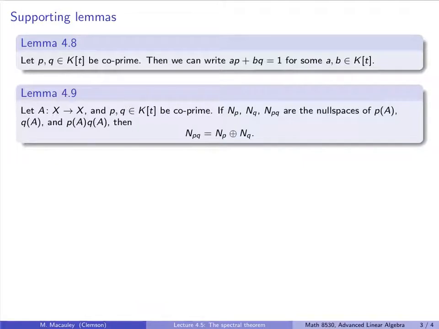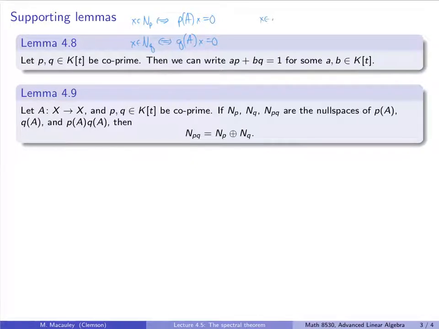Before we prove this, let's get a little bit more intuition. So x is in the null space of P. What does that mean? That means that P of A times x equals 0. x is in the null space of Q if and only if Q of A times x equals 0.